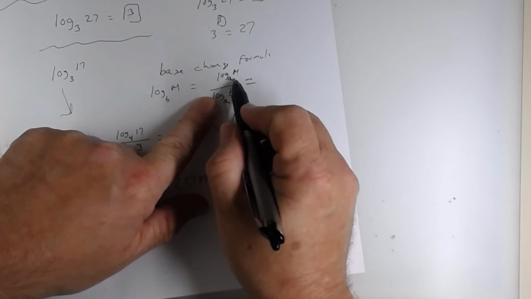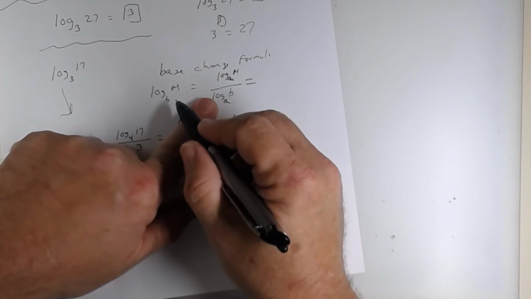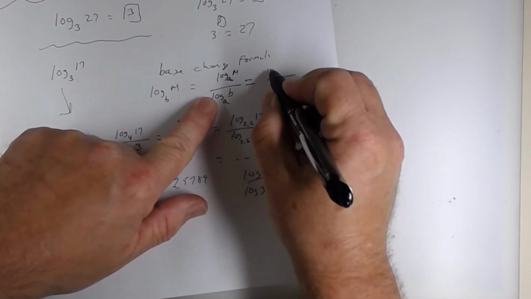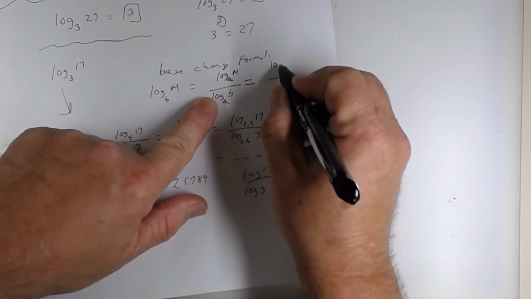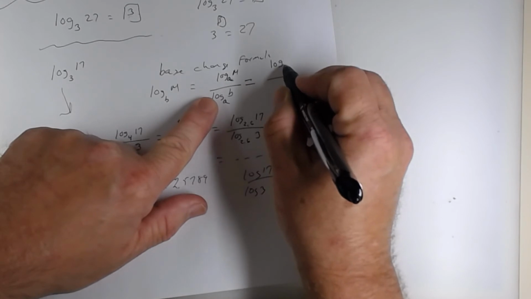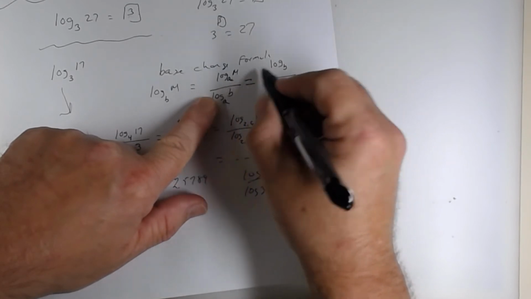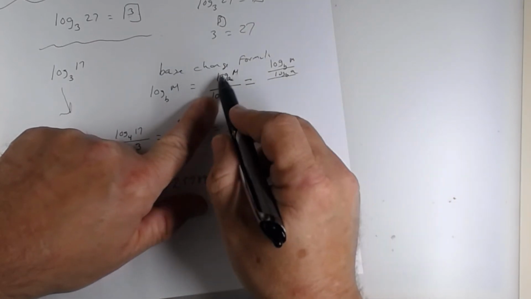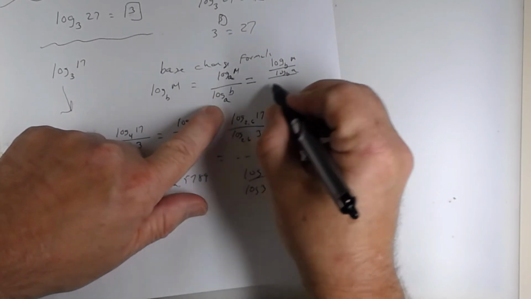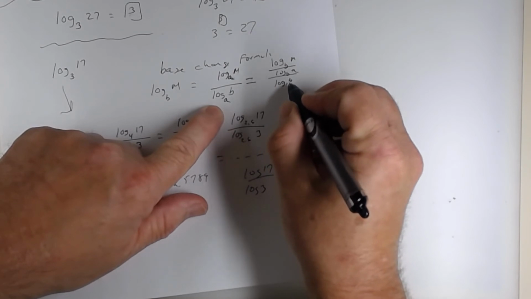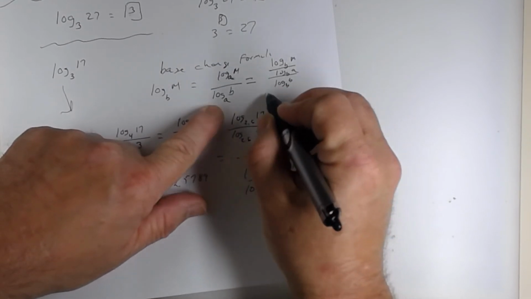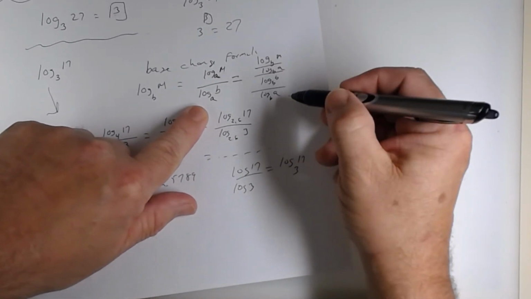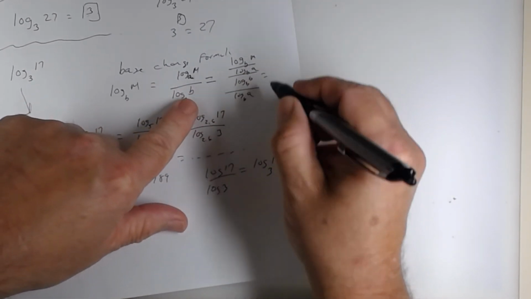If I go back and change this to base B, I'm trying to get this back. If I go back and change this to base B, that would be the log base B of M divided by the log base B of A, right? That's this right here. Divided by, and this would be the log base B of B divided by the log base B of A. Now you have this complex fraction, so you have to rewrite it as a multiplication problem.